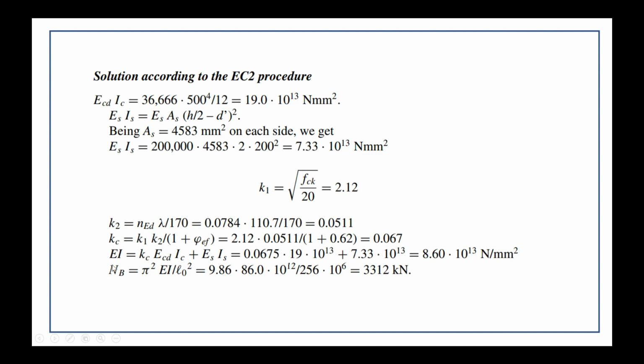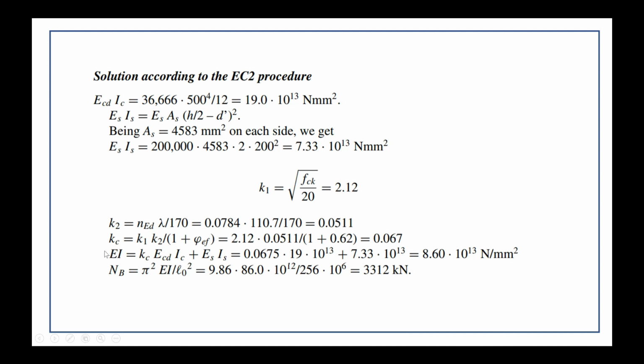This is the critical load, NB, or the Euler critical load, equal to pi square multiplied by EI over L square.